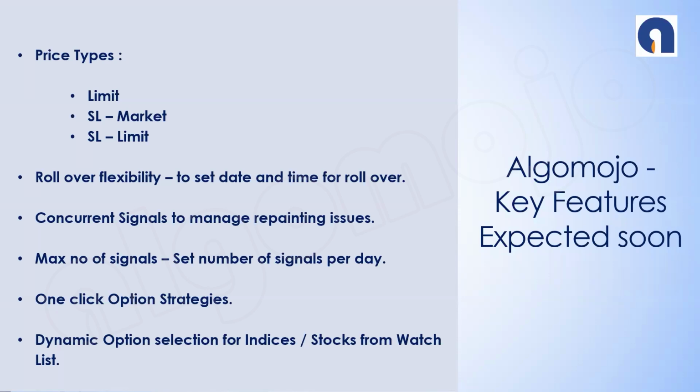Now, we have come across a lot of users where their trading signals or charts generate unwanted or multiple signals, which may not be required to be executed. Like, for example, we call this repainting, popularly known in Amibroker kind of environment.